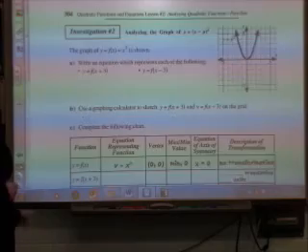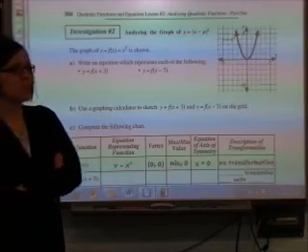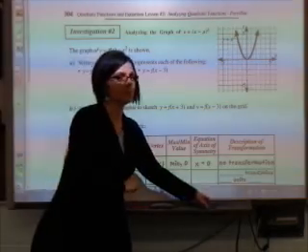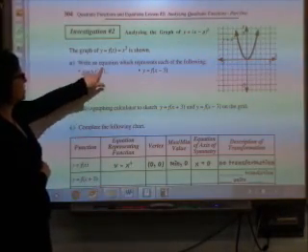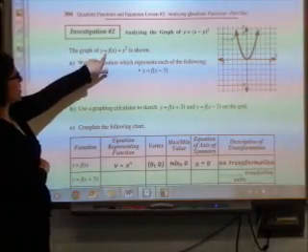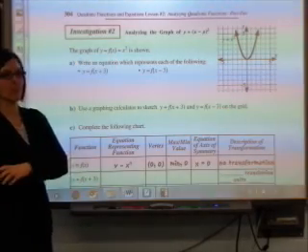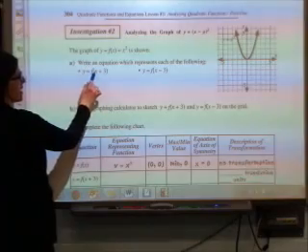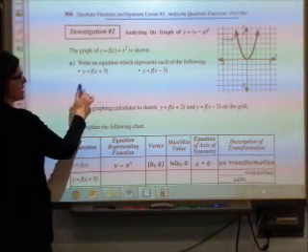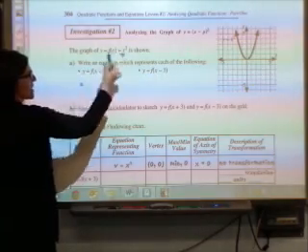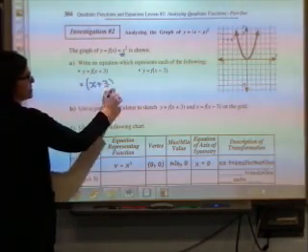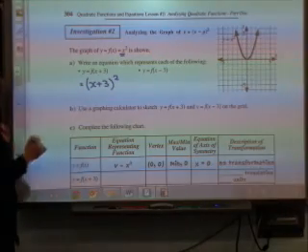Your homework is I want you to do investigation 2. So I'm going to start you off. This part in here is function notation. So y equals f of x, which equals x squared. If x is equal to x plus 3, it means where I see an x in the equation, I substitute in an x plus 3.